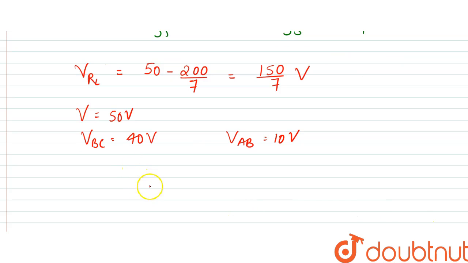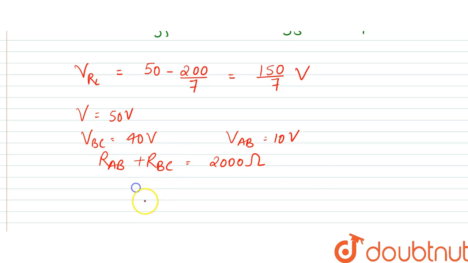So we could say that RAB plus RBC is equal to 2000 ohms, and they should be in such a ratio, that is 1:4. So that should be divided.